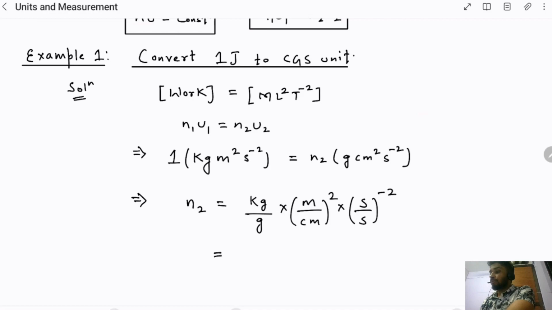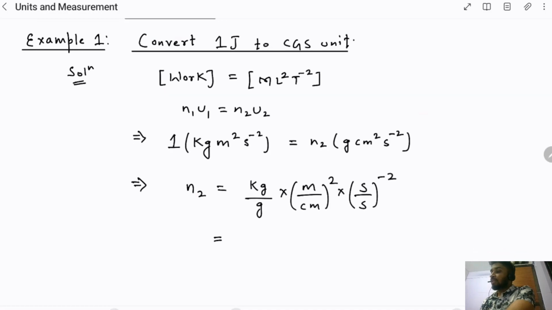Now we are going to convert. We need to cancel the units out. Either we can convert the SI terms into CGS terms or the CGS units into SI units. Kg here means 1 kg. 1 kg is 1000 gram, so 1000 gram by gram, into 1 meter is 100 centimeter, so that can be written as 100 centimeter by centimeter whole square.